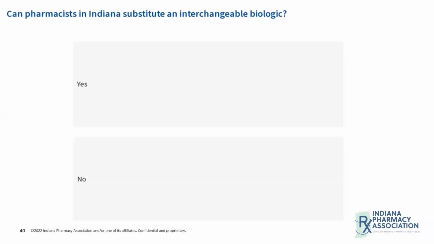So can pharmacists in Indiana make that substitution? The answer is yes. Normally, I would have a slide that has a check mark, but again, Poll Everywhere is not working. But the answer is yes. Pharmacists in Indiana can substitute an interchangeable biologic biosimilar.